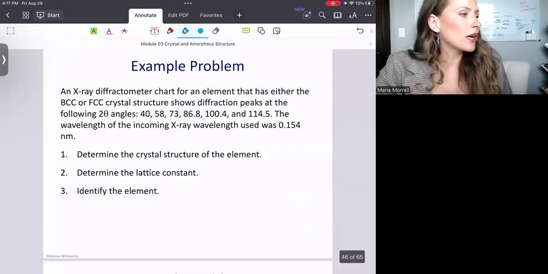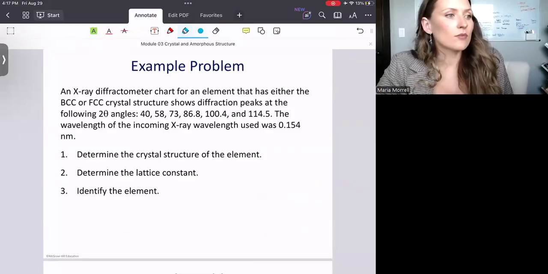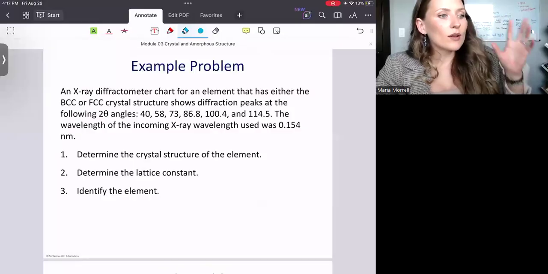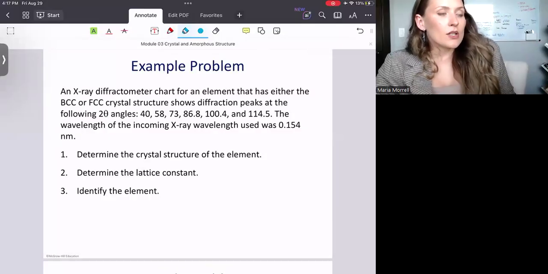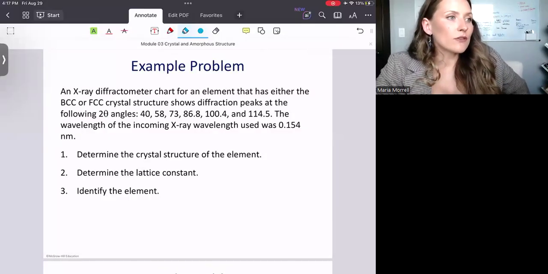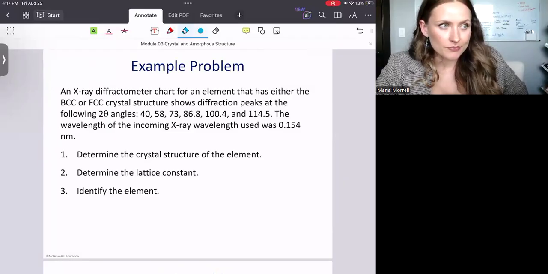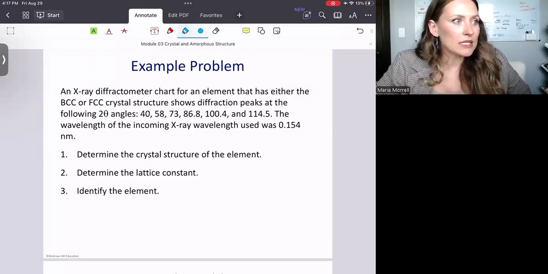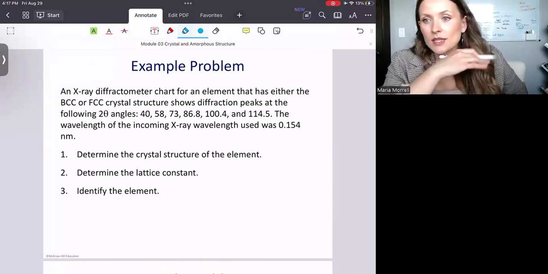I think everything will make sense. So let's say we have an X-ray diffractometer chart for an element that has either the BCC or FCC crystal structure and shows diffraction peaks at the following angles. These are two theta angles because keep in mind that's what you measure.